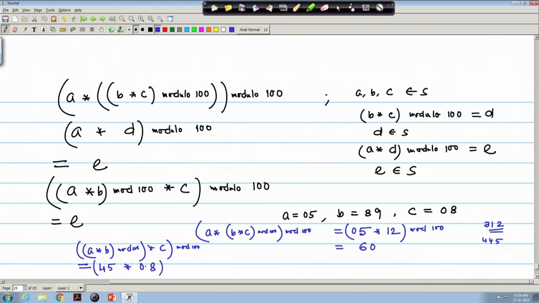So, if I take modulo 100, 8 into 45 is 360, so I get only the 2 digits, 60. So, I see that it is also 60, that means the associative property holds.